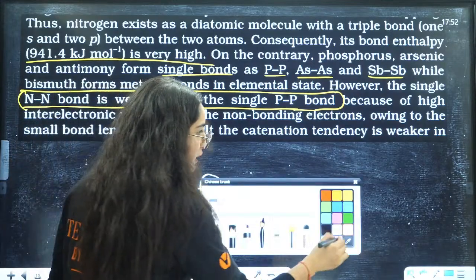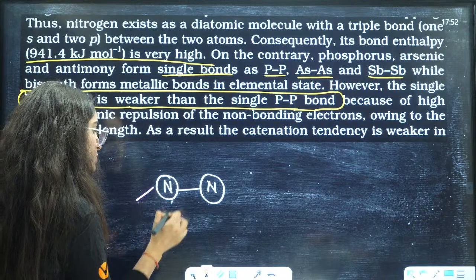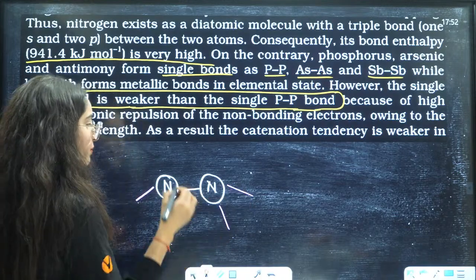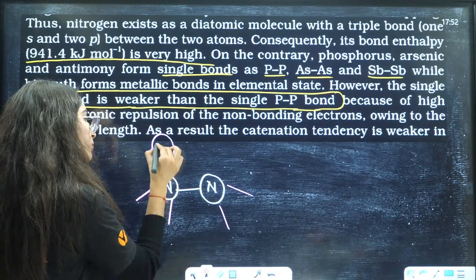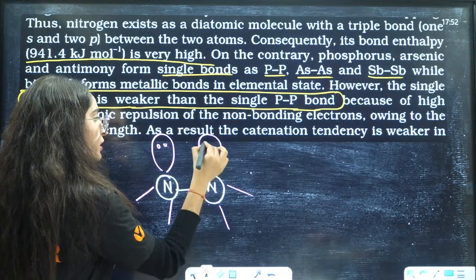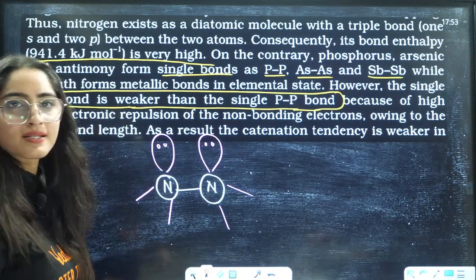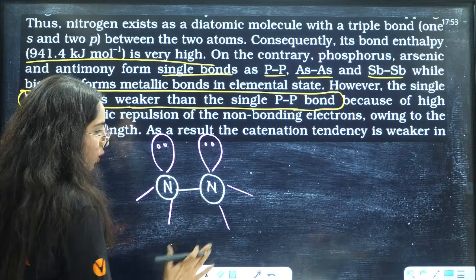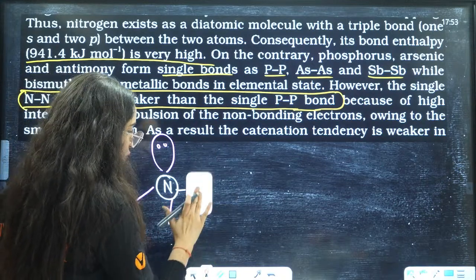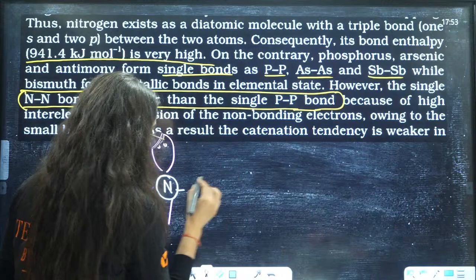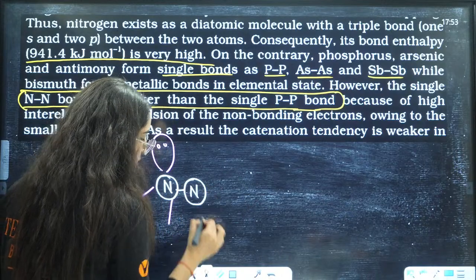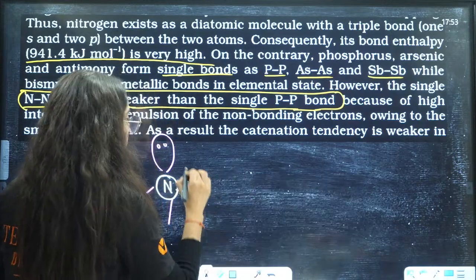We know that whenever it is forming a single bond, there must be other bonds also that it is forming. And here you have a lone pair. Because of the small size, the atoms will be very close. It will be like this, and here you have the lone pairs.